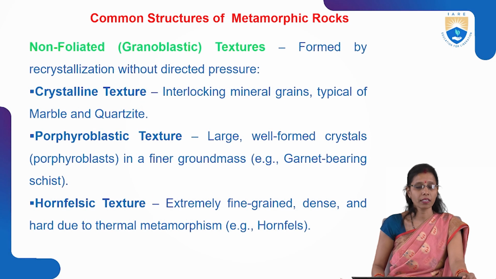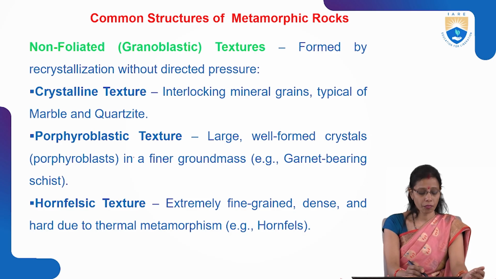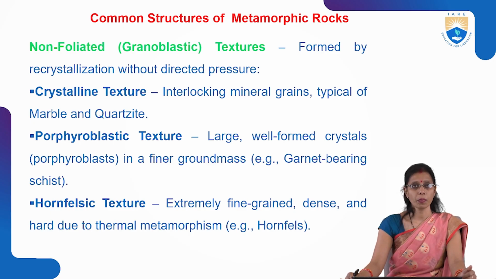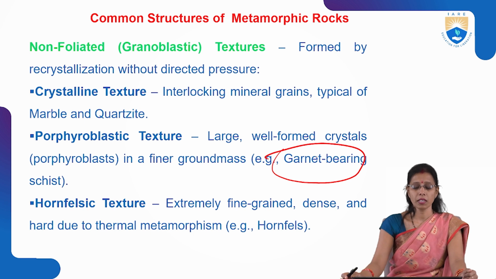formed by recrystallization, you have a crystalline texture of interlocking mineral grains, typical of marble and quartzite. And you have a porphyroblast texture, like large, well-formed crystals in finer ground mass. Example, garnet is one kind of example here, and schist is one more example of porphyroblast texture.